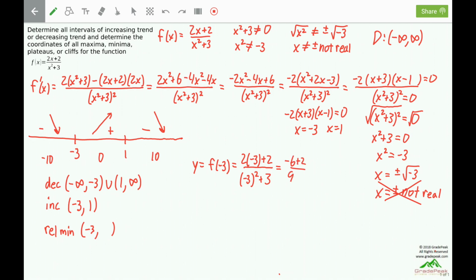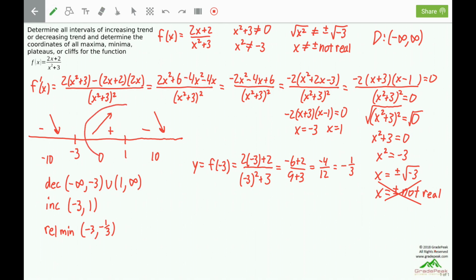Negative 3 squared is a positive 9 plus 3. Negative 6 plus 2 is a negative 4. And 9 plus 3 is a 12. These can each reduce by 4, so this will become a negative 1/3. And there's the corresponding y-coordinate for the relative minimum.